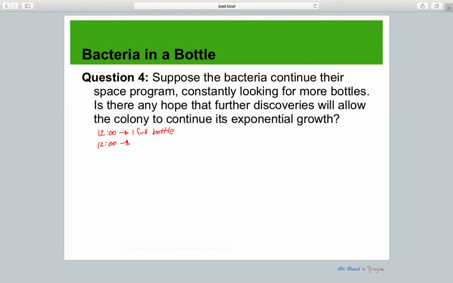So you're going to be filling 2 bottles. And at 12:02, the population doubles again, and it's going to fill 4 bottles. So you've effectively bought yourself 2 minutes of living time.